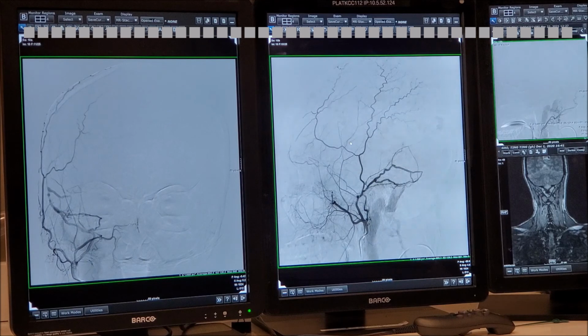So the ultimate pathology would be venous hypertension, vasogenic edema, and hemorrhage. Right. So we want to think which ones are dangerous, which ones have a poor natural history, and which ones are benign. And it's all due to the venous drainage.